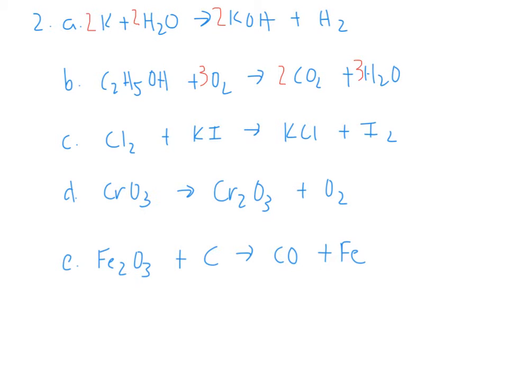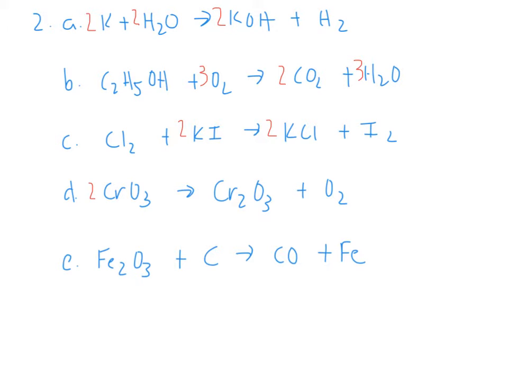C is a pretty simple replacement reaction. The halogens trade places, so a 2 here and a 2 here will balance it. D, this is a redox equation going on. It looks kind of funny that CrO3 would become Cr2O3, but we'll learn about those a little bit later in Chapter 9. If I put a 2 in front of the CrO3, that leaves me with 6 oxygen, and I can't get to 6 oxygen on the right side.